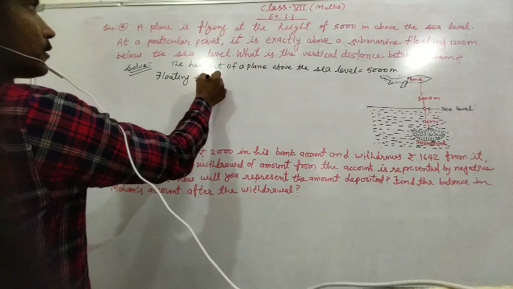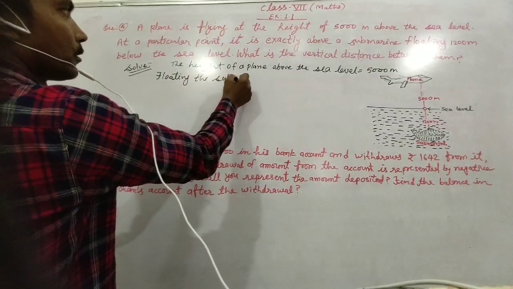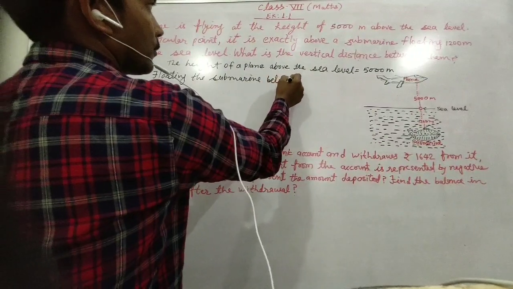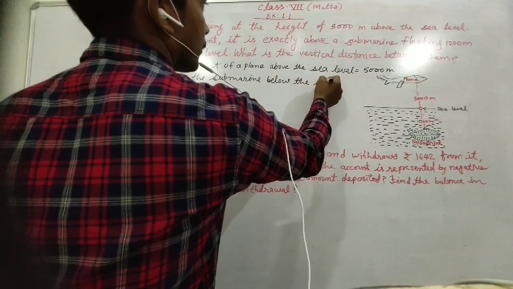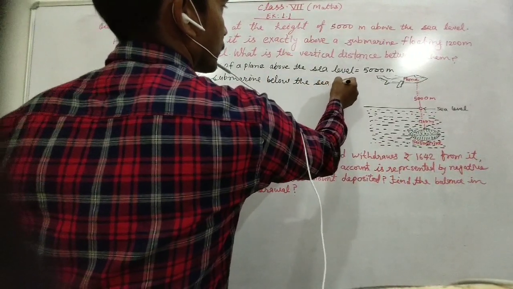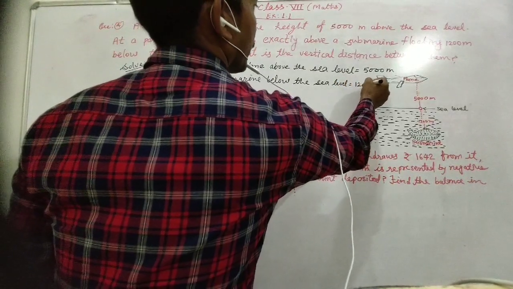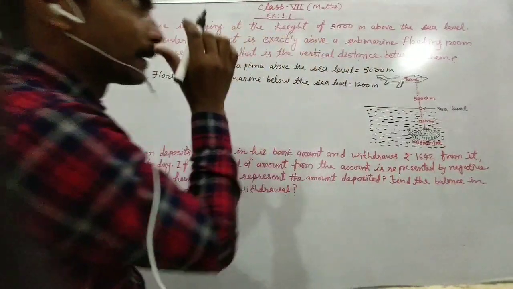The submarine floating below the sea level equals 1200 meters.